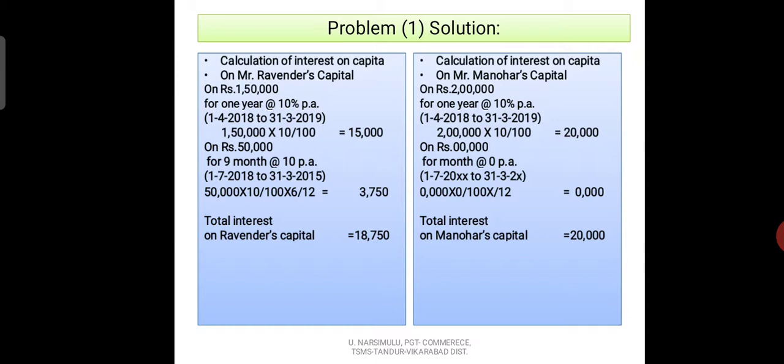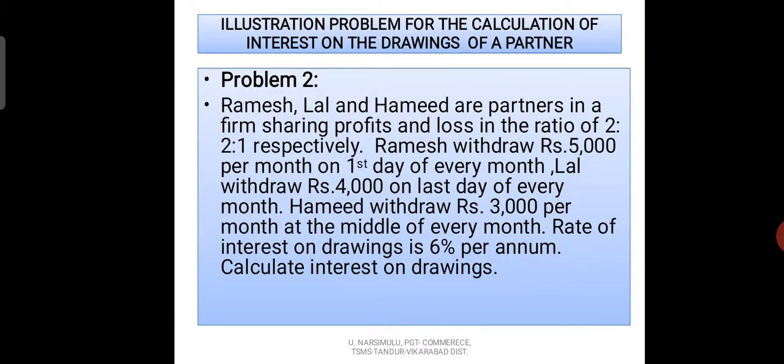And come to the next point, that is calculation of interest on drawings in different situations with different rates of interest applicable. For this point of view, we can take one example.